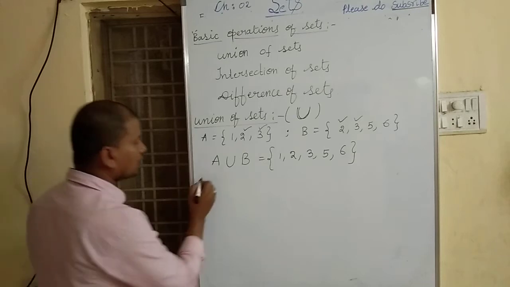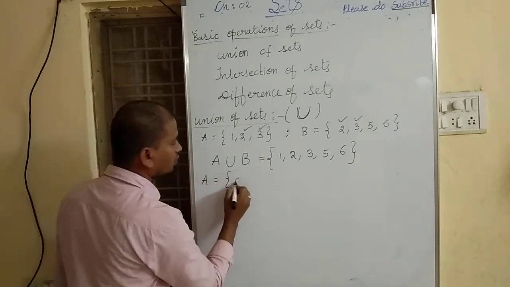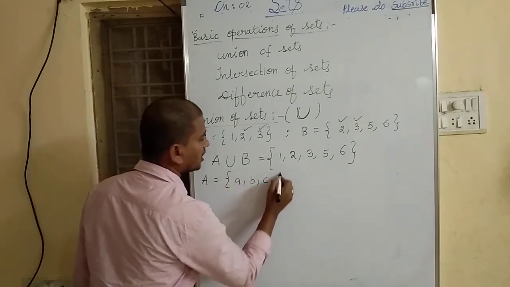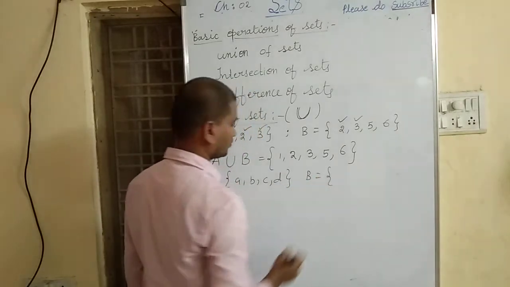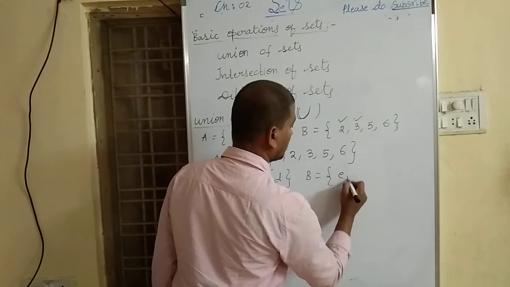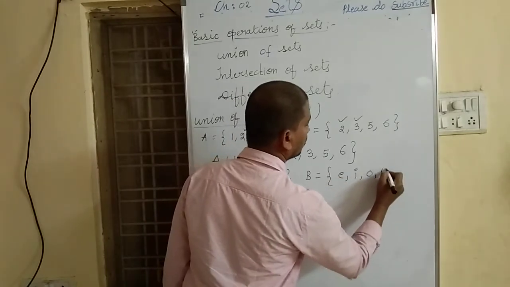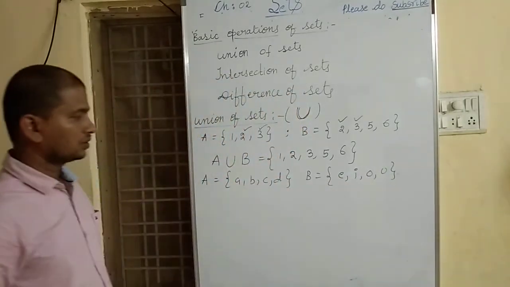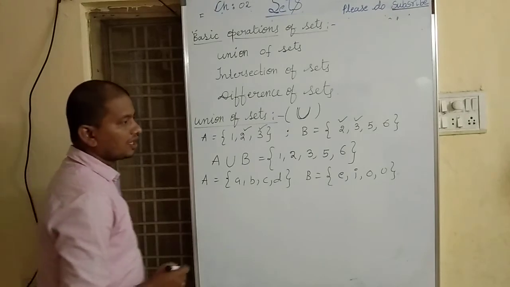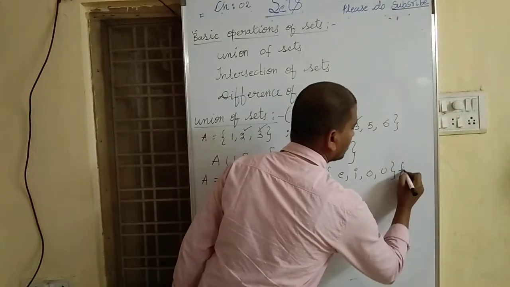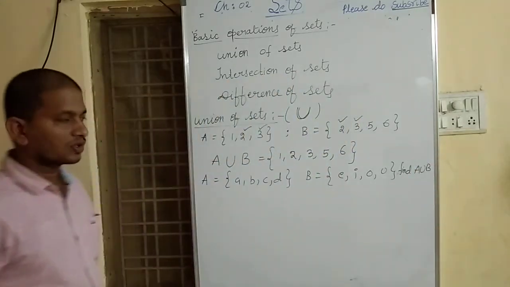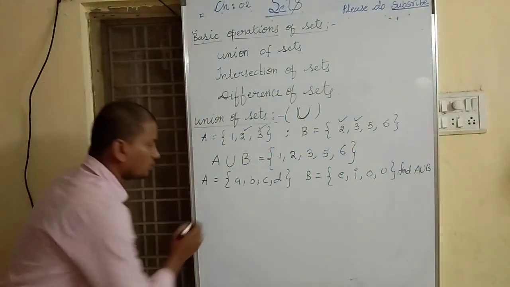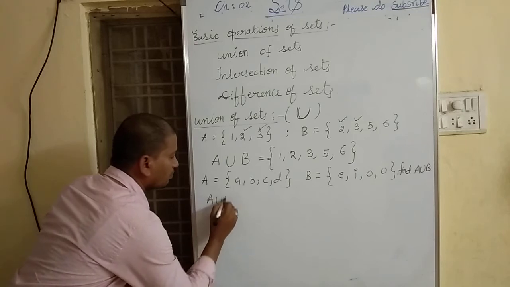Okay? One more example. Set A equal to A, B, C, D, and set B equal to E, I, O, U. Find A union B. So what is the meaning of A union B?